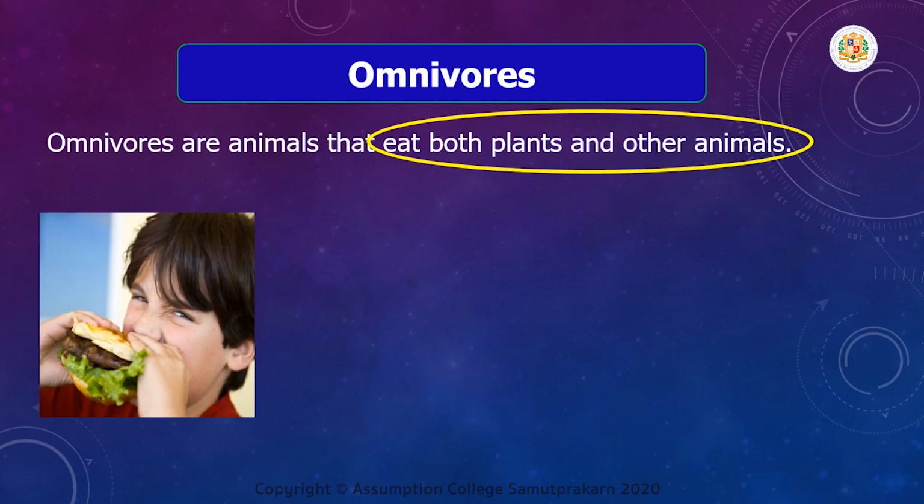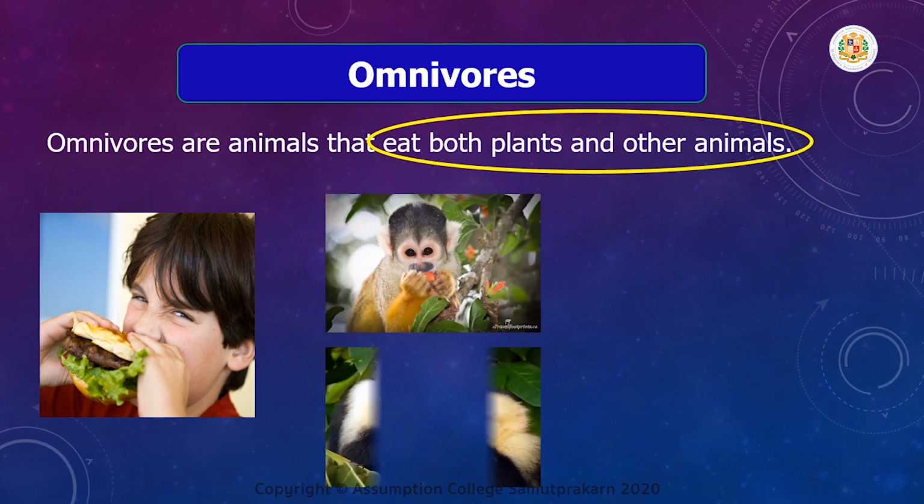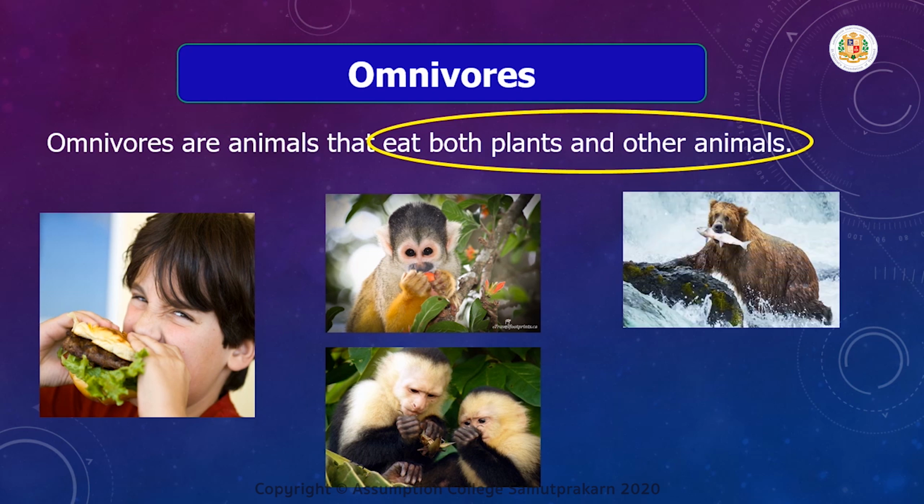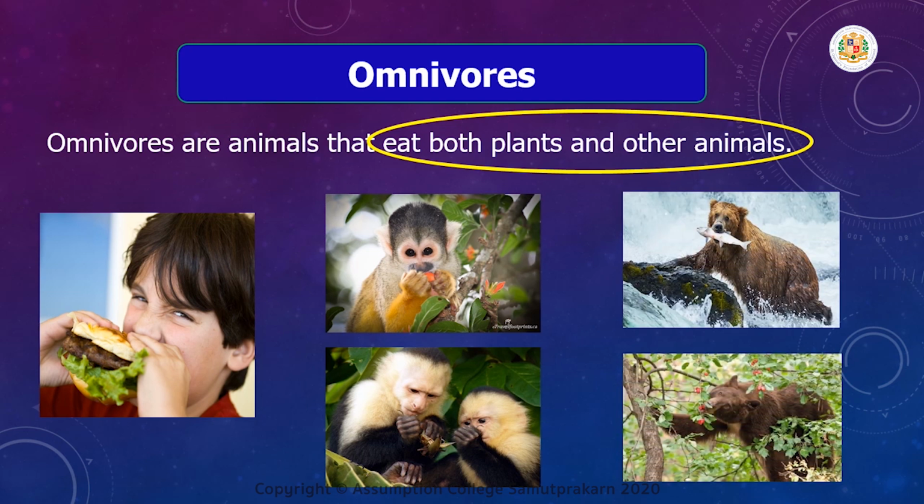Yes, we are omnivores because we can eat plants and we can eat animals. Some monkeys eat fruit and sometimes they eat small animals like insects. A bear. These are examples of omnivores.